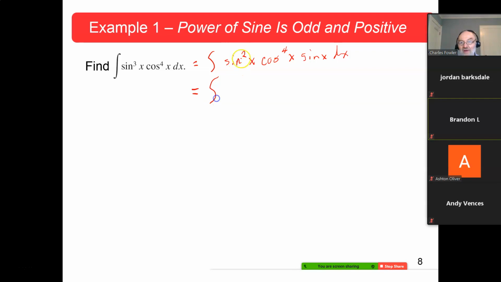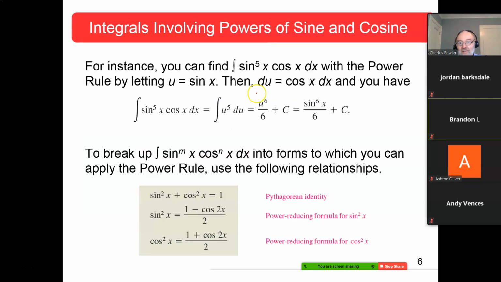This will be the integral of, well, sine squared is 1 minus cosine squared x, right? That's from your Pythagorean identity. Sine squared x is 1 minus cosine squared x.